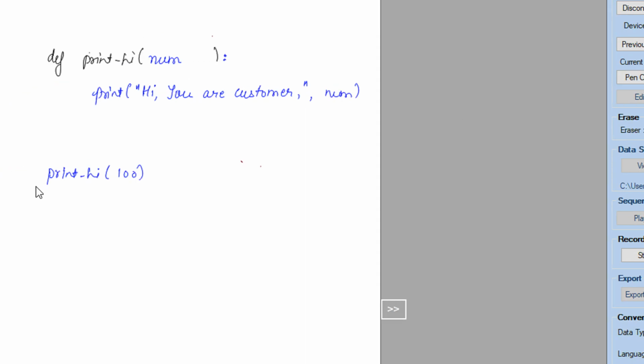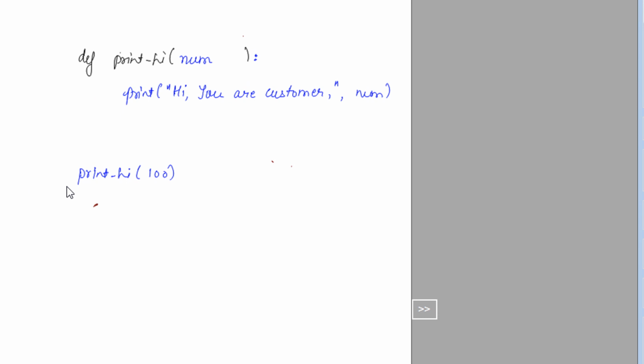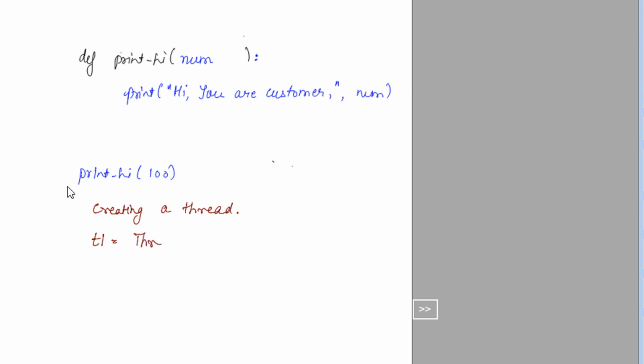Now what you are doing, you are creating a thread and then you are calling. So let's say T1 is threading dot Thread, target is equal to print hi.